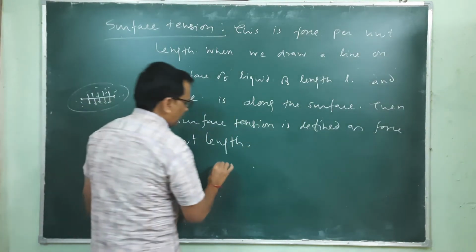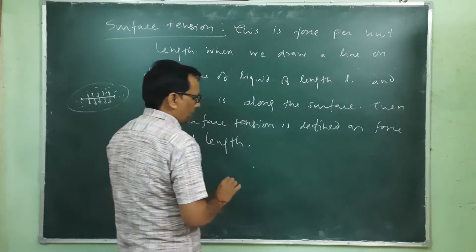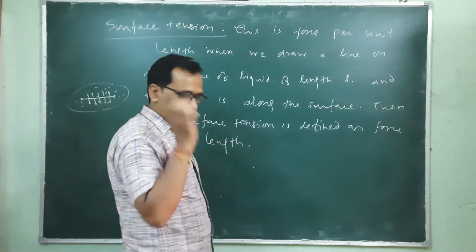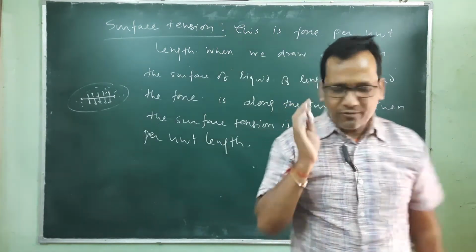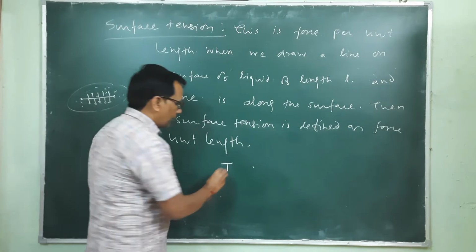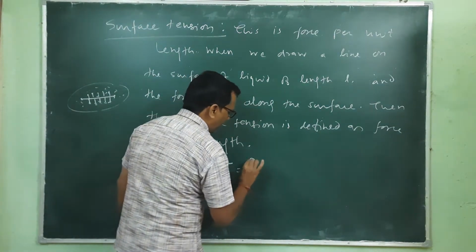Let us represent this by sigma or T. If we define surface tension as T, then T is equal to F by L.